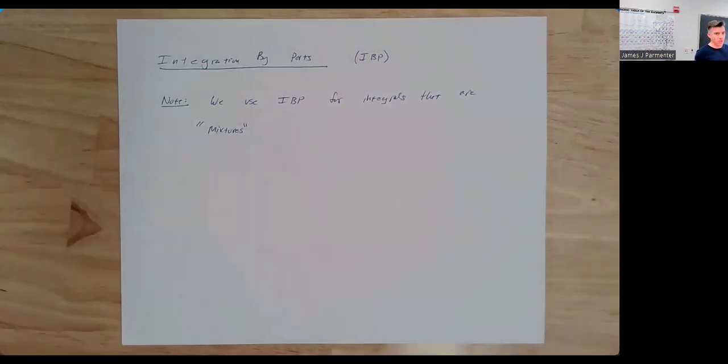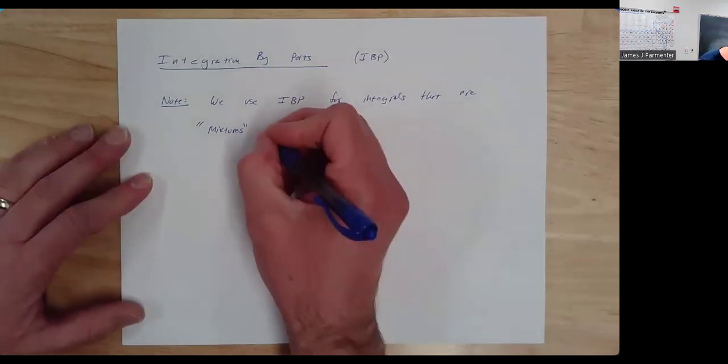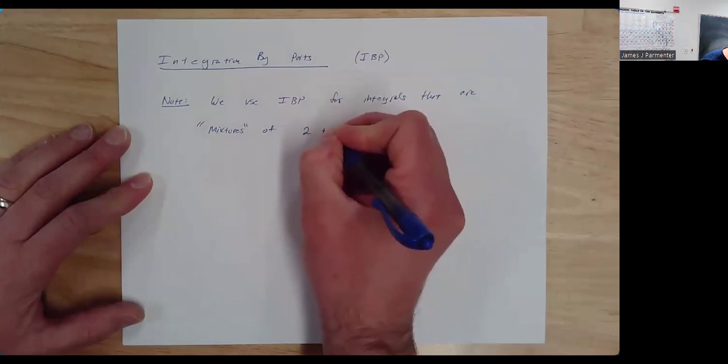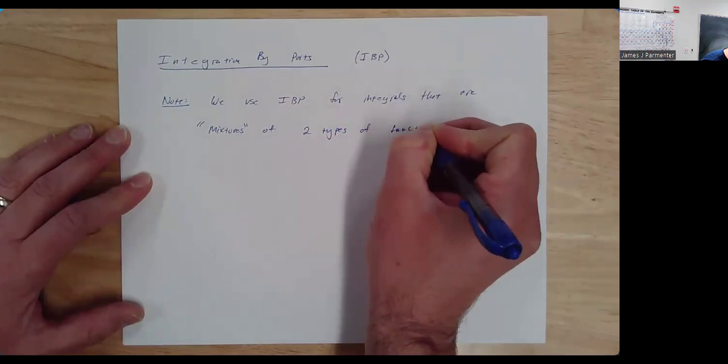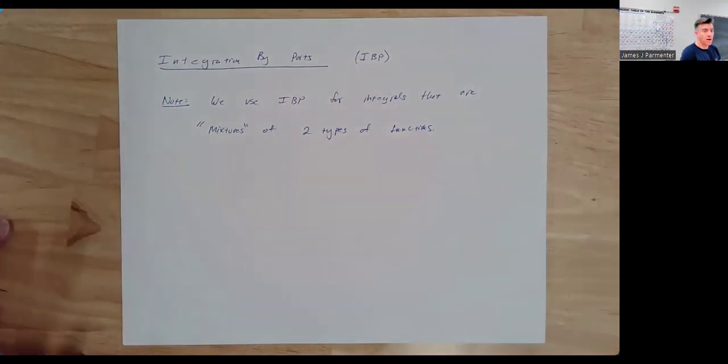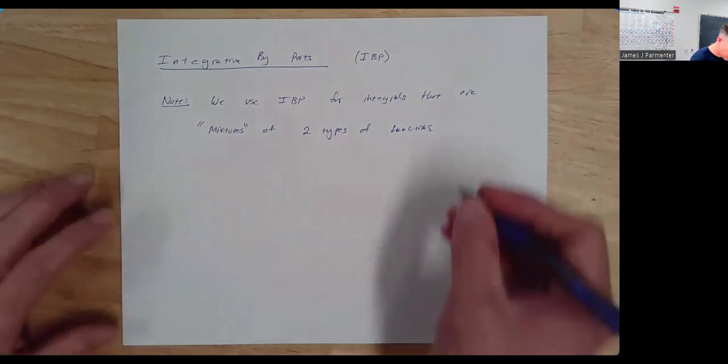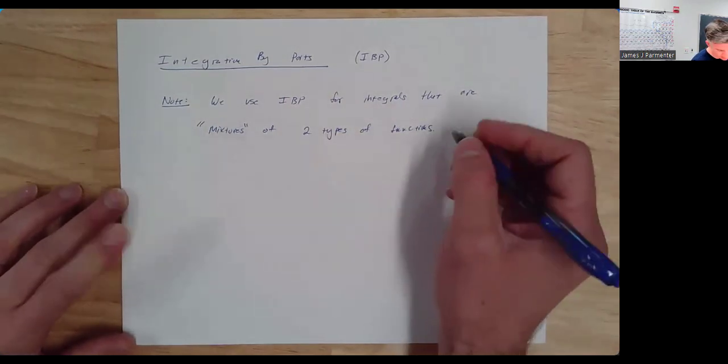Technically, it could be 2 or more types of functions, but pretty much every time it's going to be exactly 2. Typically, if we see a mixture before we start using integration by parts, we should first see if we could have done a U substitution in the first place.